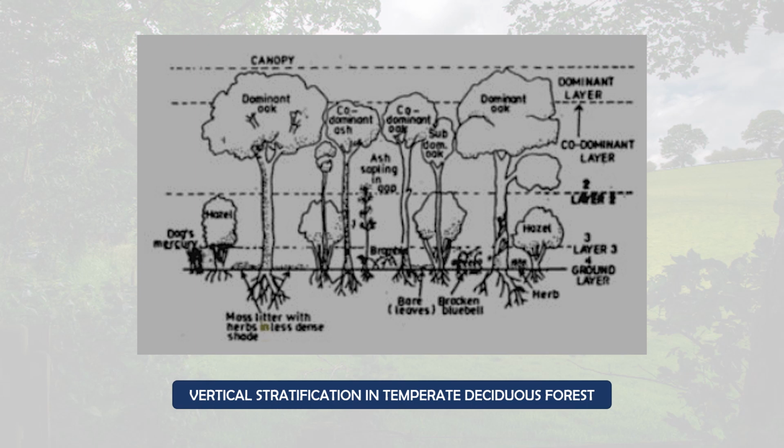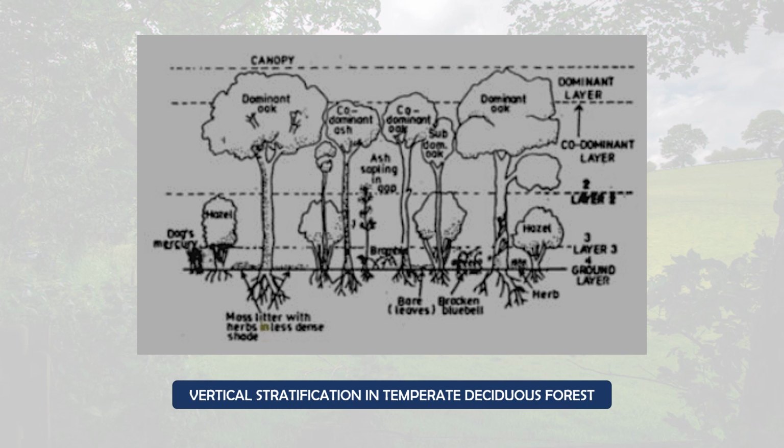This uppermost stratum is also called crown or canopy, which represents the highest limit of the plant community in a given region. And a secondary layer, very often called the co-dominant layer, is formed just below the crown by those large trees which are relatively shorter than the largest trees.